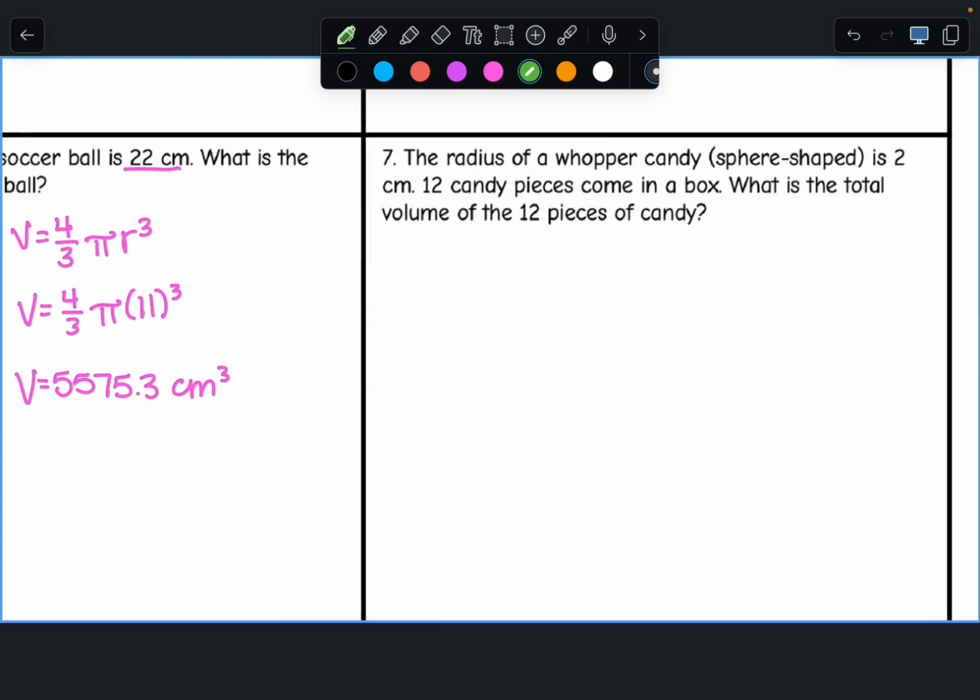Number 7. The radius of a Whopper candy, sphere-shaped, is 2 centimeters. Now it says 12 candies came in the box. What is the volume of all 12? Well, first we have to find the volume of 1.